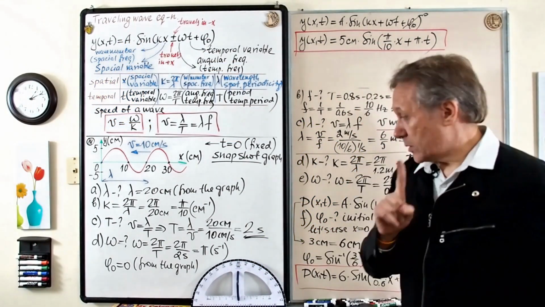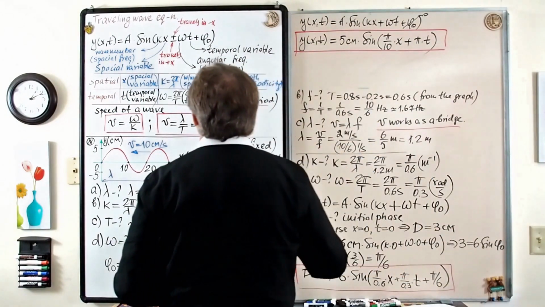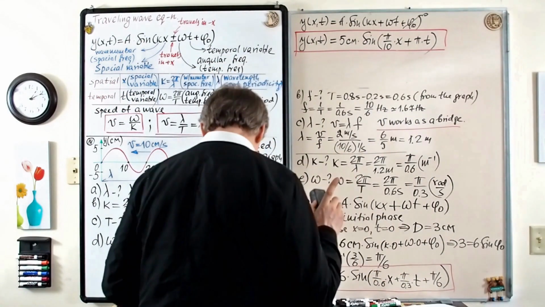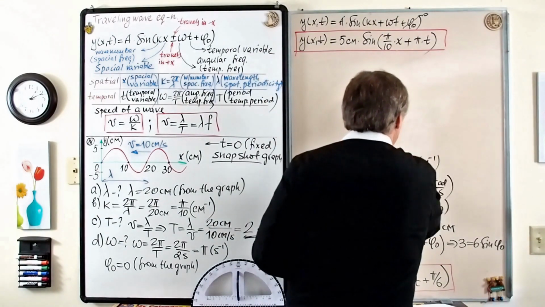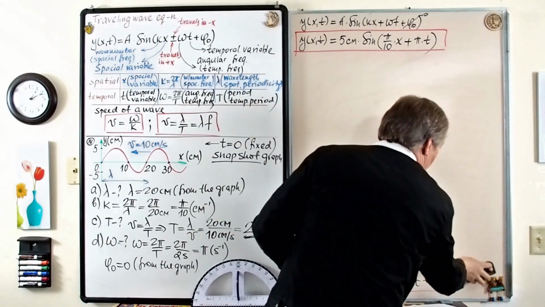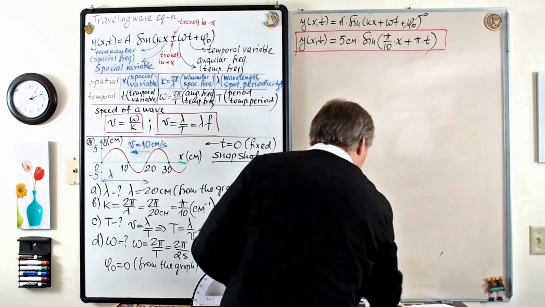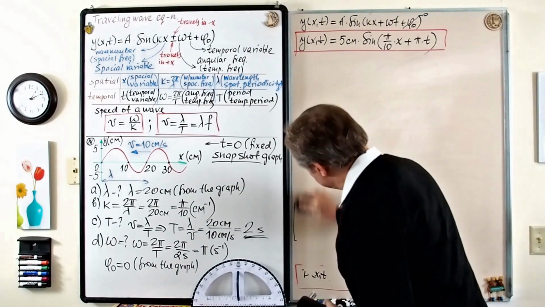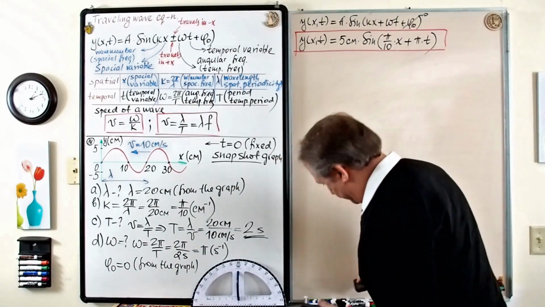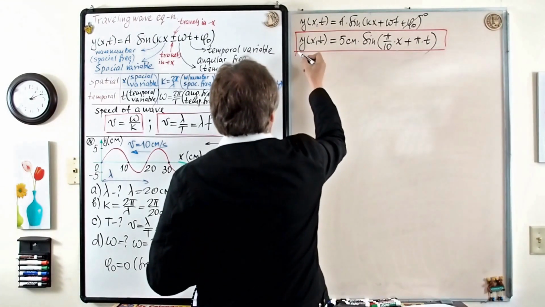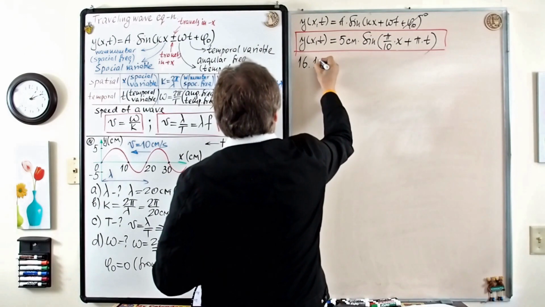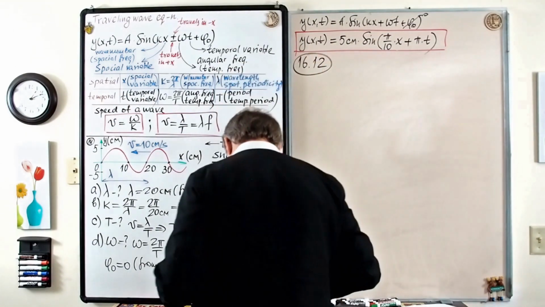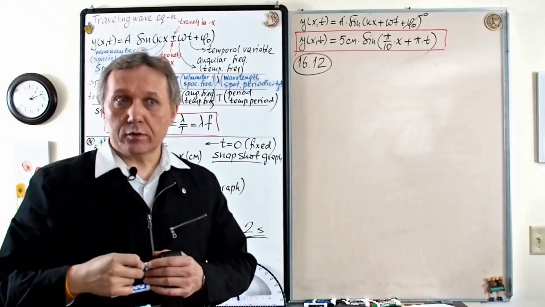Okay, and the last problem, again from chapter 16, but problem number 12. Okay, let me erase this. Finally, I can erase the solution of the first problem. So that is 16.12. Yeah, so we have a traveling wave.